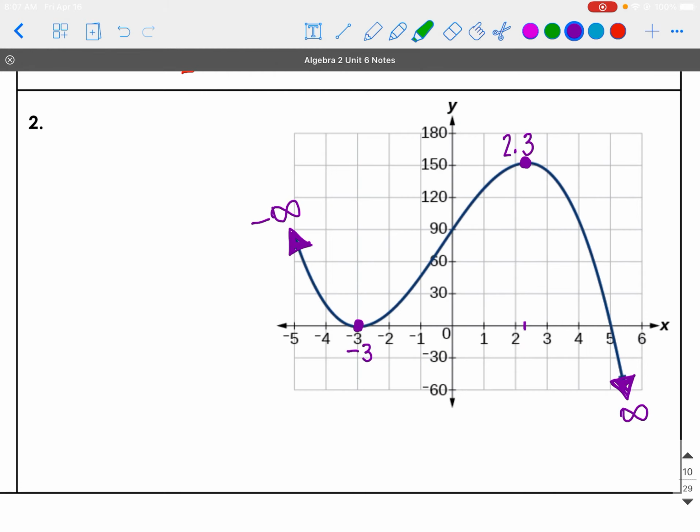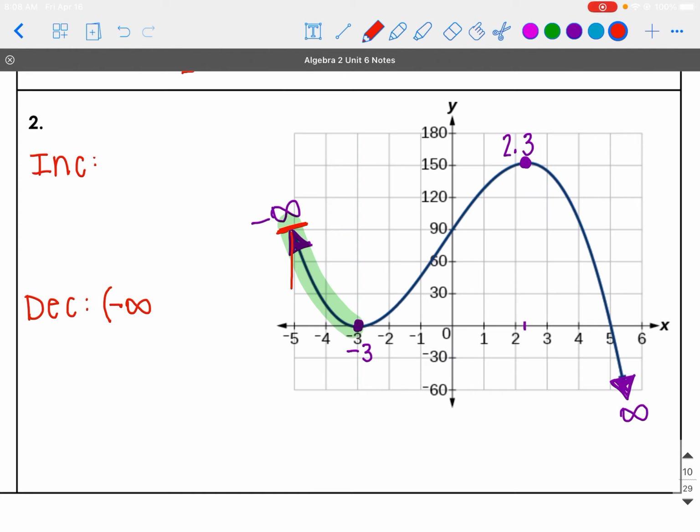All right, so let's start out. If we're going left to right, we're decreasing. We're going down. So I decreased. I started here at negative infinity.